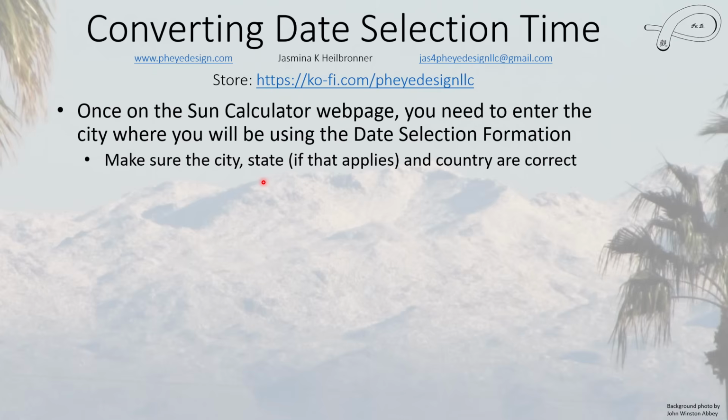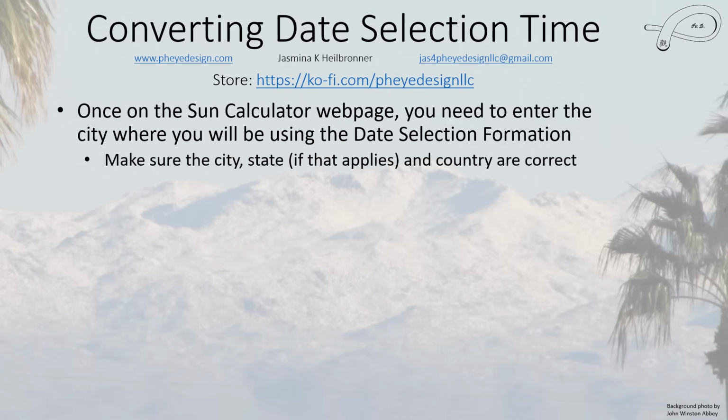When I say state, I mean somewhere between federal level and city level. In Canada it's a province; they call it all different things, but that's that level. Make sure it's the right city, right state, and right country, especially if you're in America, because there are a lot of cities with names that are the same as cities in Europe.